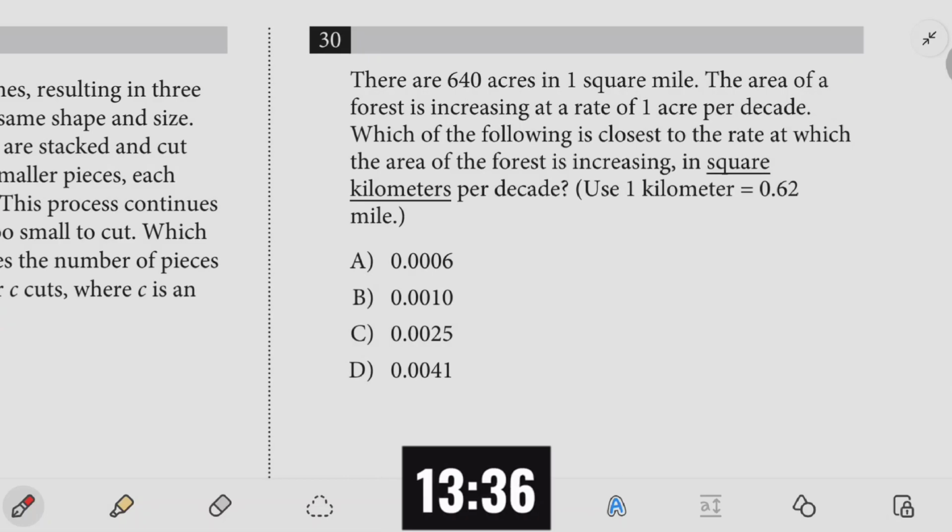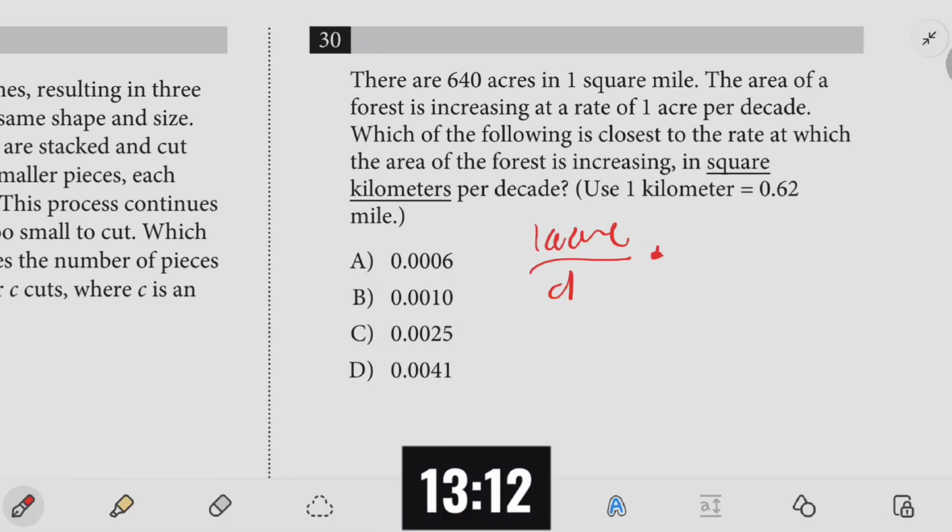1 acre per decade. In square kilometers. In 1 square mile. 1 acre per decade. Oh shoot, we're running out of time, guys.